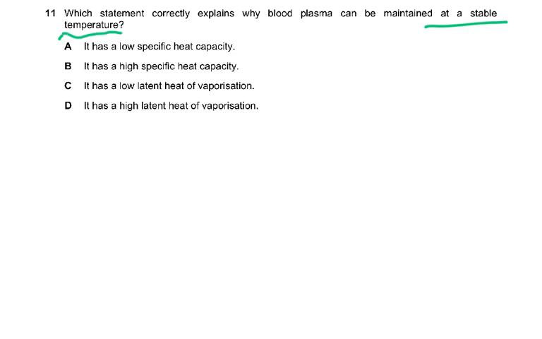So you have to understand it is high specific heat capacity. The temperature does not fluctuate. If you put your watch out in the sun, it's going to get very hot because iron metal gets very hot. But if you put a Nestle bottle of water outside, it's not going to get that hot. So high specific heat capacity. So the answer to 11 is B.